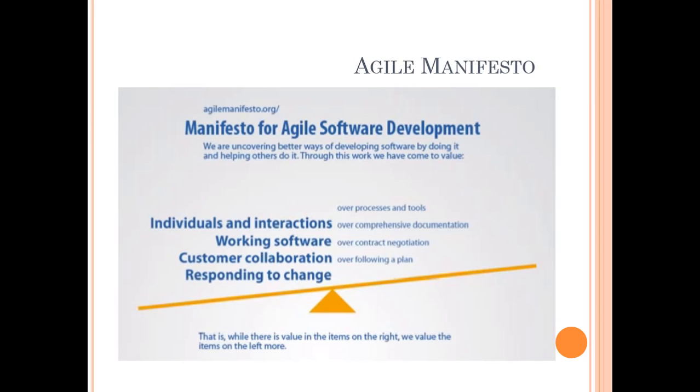And ultimately he will get what is expected or what he wants: more reliable working software. Then the last one, responding to change over following a plan. It's a very important factor in Agile.